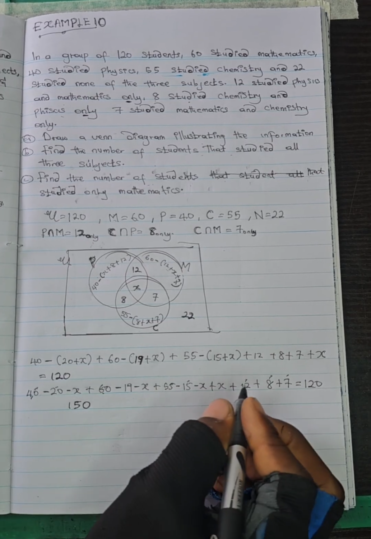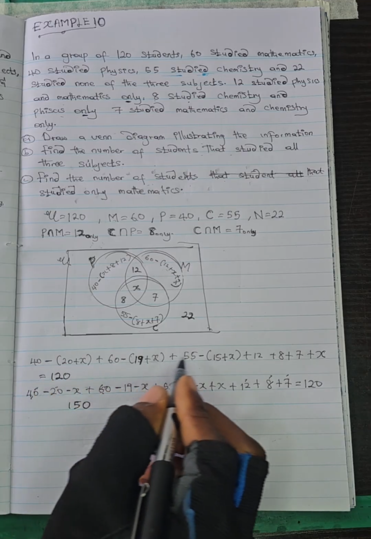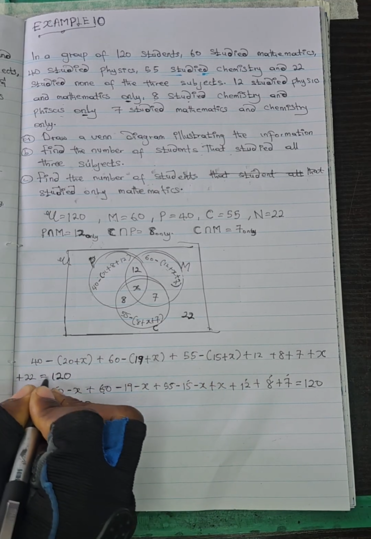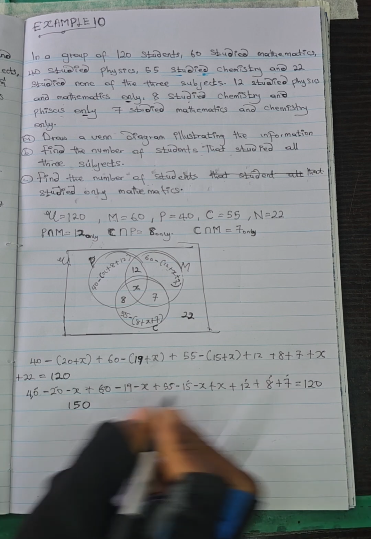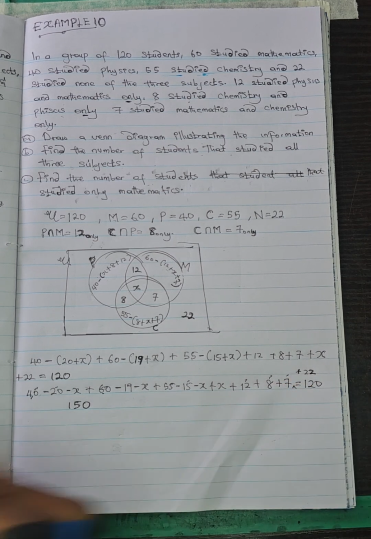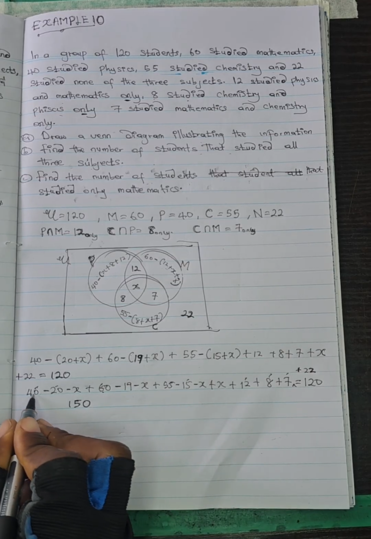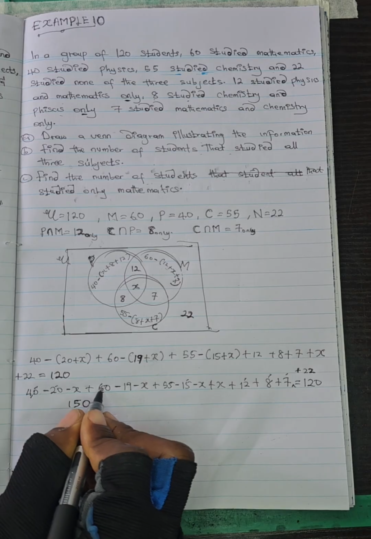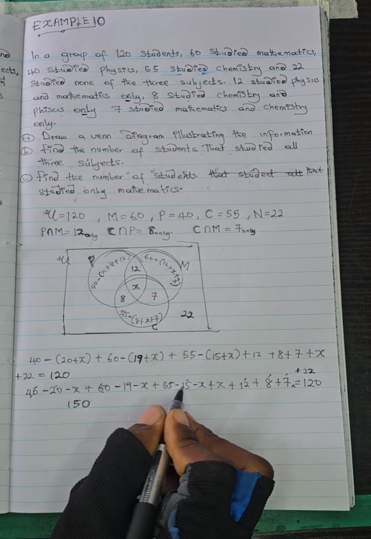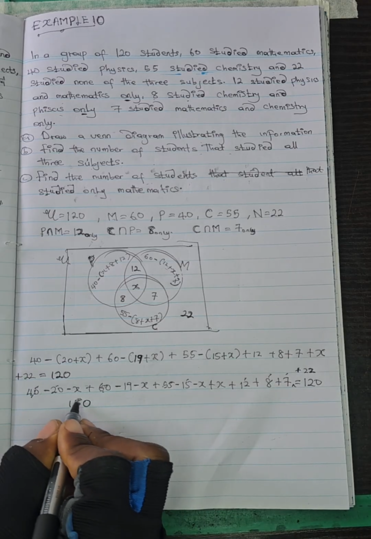So I think in our class we are missing something. This 22 is not in our line. Sorry for that. So I'm adding it. Plus 22 is 120. So when I come here, I'll also put it here. Plus 22. Okay. So let's go on. This 40 minus 20 plus 60 minus 19 plus 55 minus 15 plus 12 plus 8 plus 7 plus 22 will give you 150.